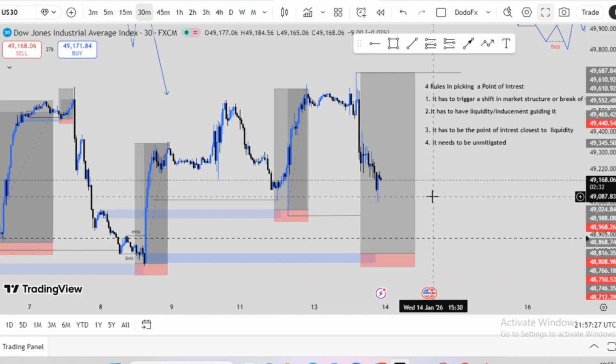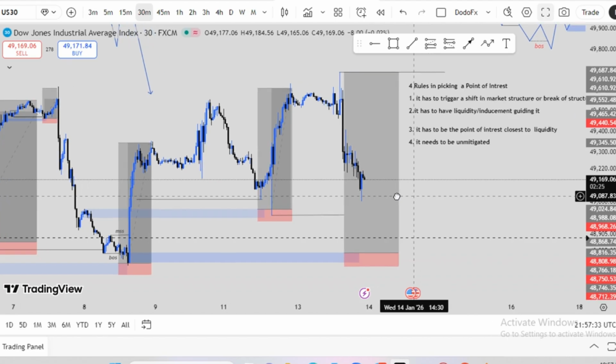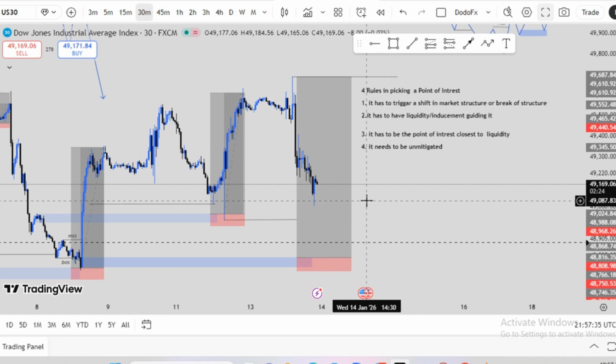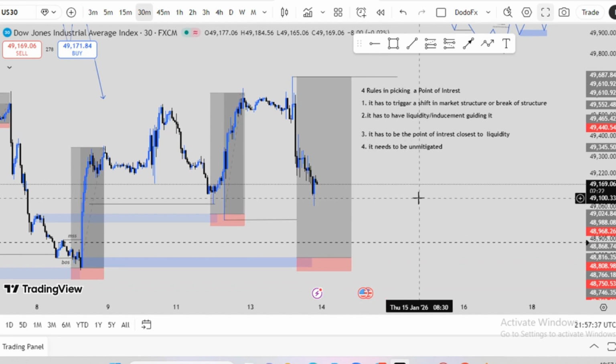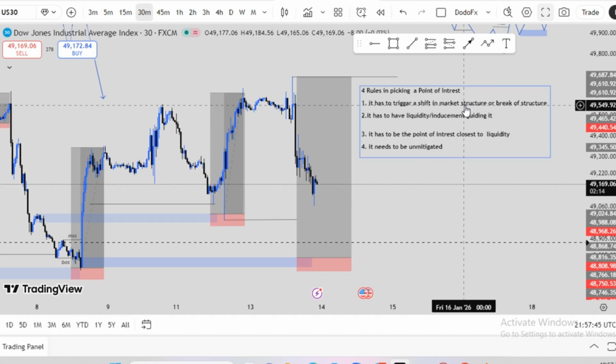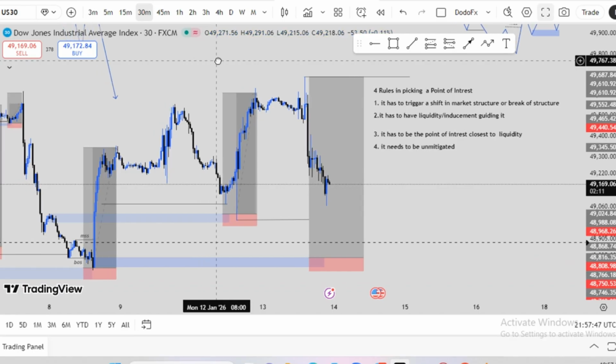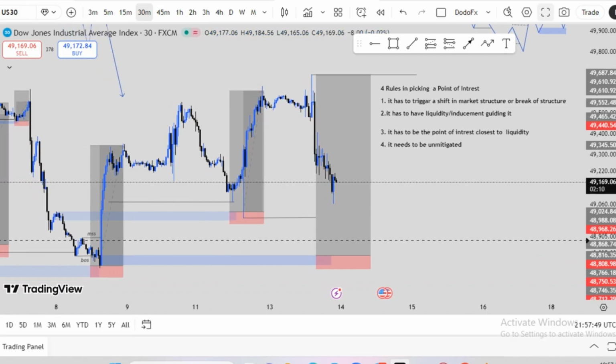Now let's talk about the 4 rules in picking a point of interest. Number 1 says it has to trigger a shift in market structure or break of structure. Understand, right? Let's focus on the shift in market structure. I'll be using a chart to explain these things for you.